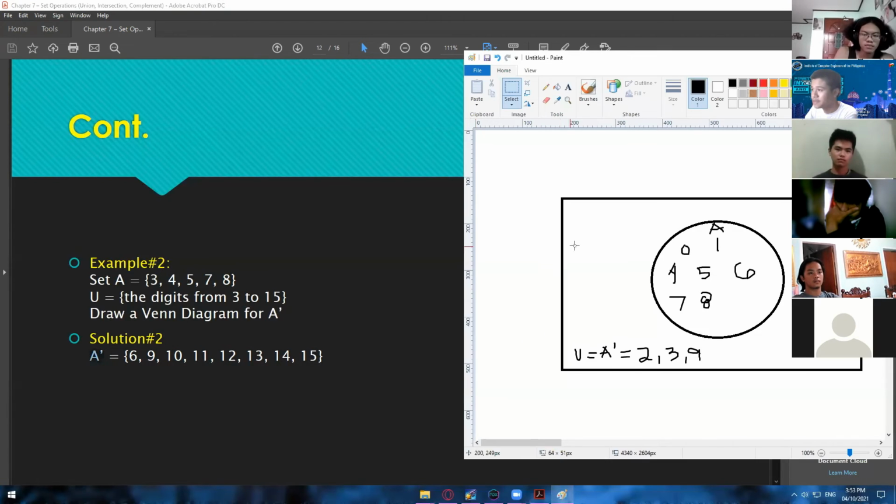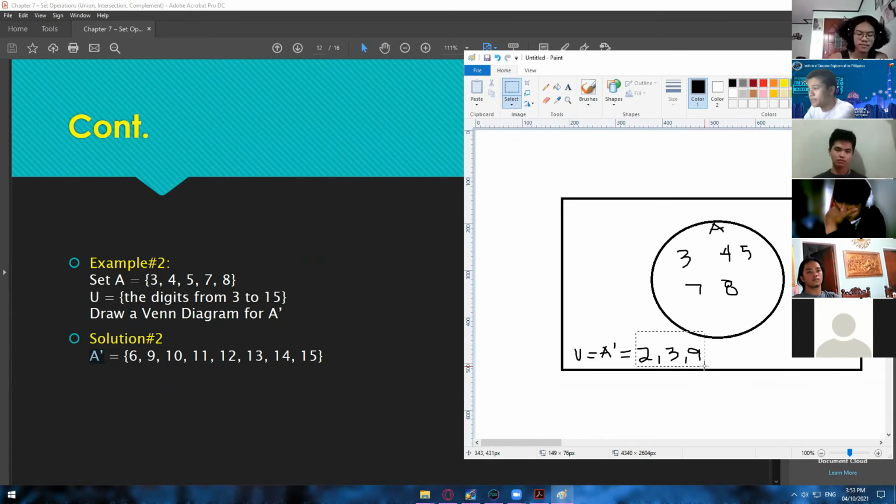Okay. And if you guys are going to draw the Venn diagram of this one, so all we need to do is list all of the given elements of set A, which is 3, 4, 5, 7, and then 8.